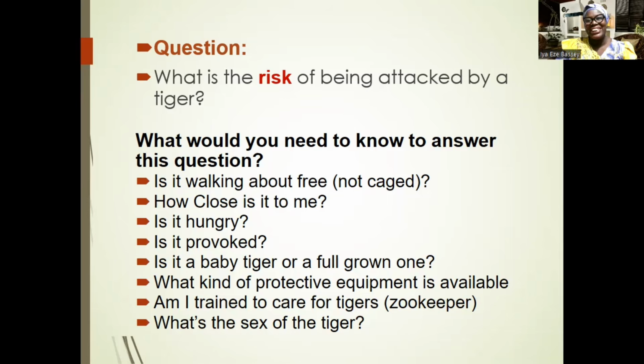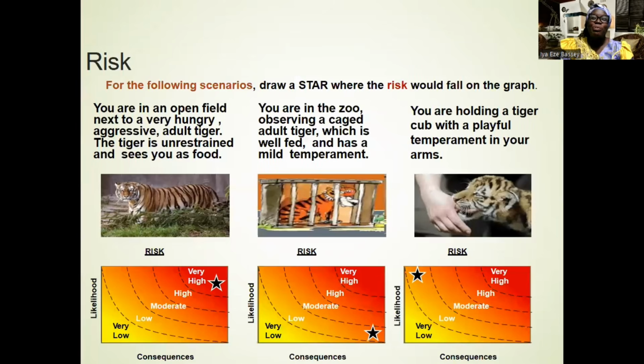Do you understand? All right, so for instance, if you are in an open field and you're next to a very hungry, aggressive adult tiger, and the tiger is unrestrained and sees you as food, what level of risk do you think you will be at?